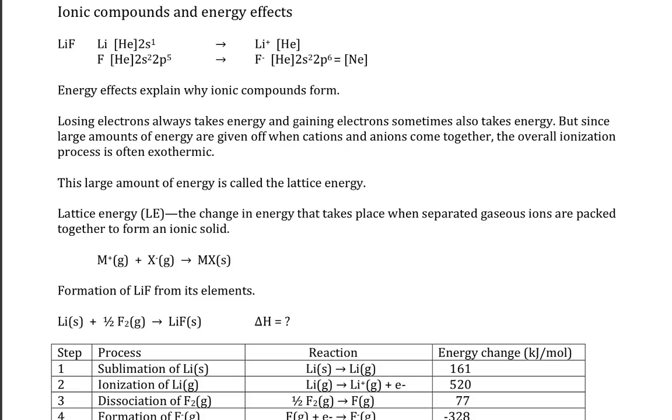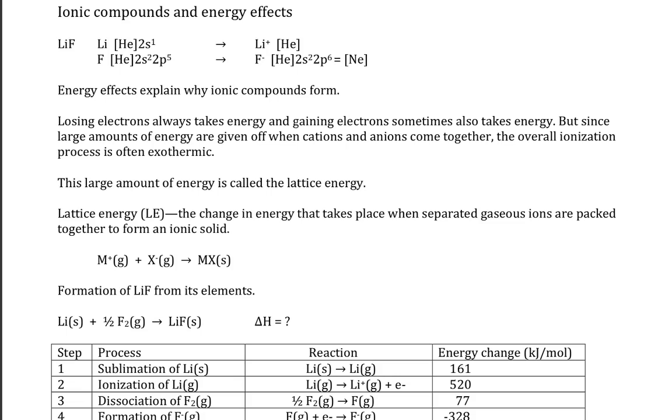The large amount of energy given off when a cation and an anion come together is called the lattice energy, abbreviated LE. So lattice energy, LE, is the change in energy that takes place when separated gaseous ions are packed together to form an ionic solid.